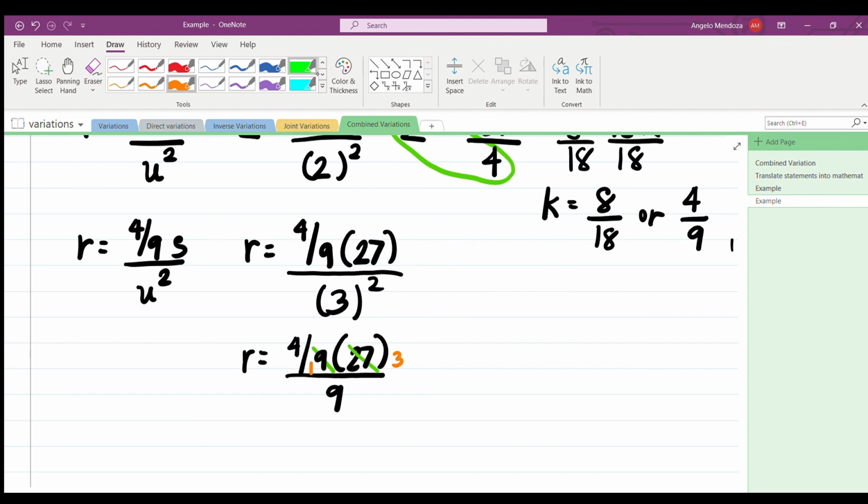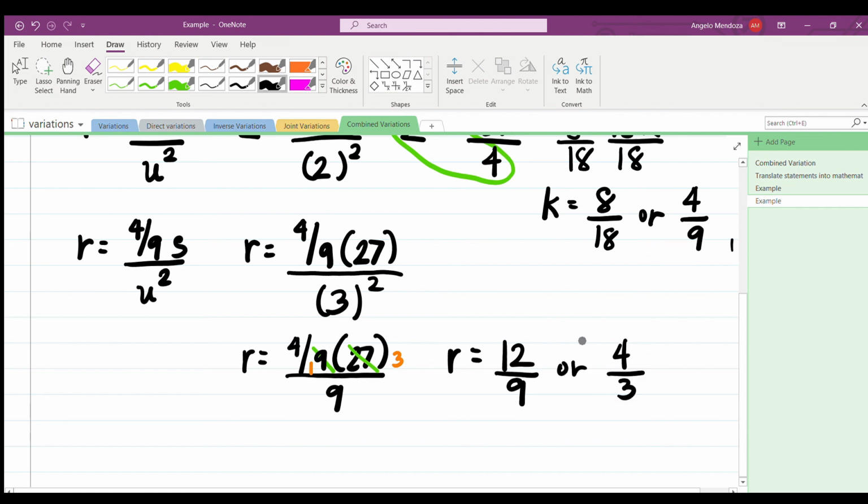And then we can now multiply 4 and 3 directly. So R is equal to 4 times 3, you have 12 over 9, or in lowest terms here will be 4 over 3.